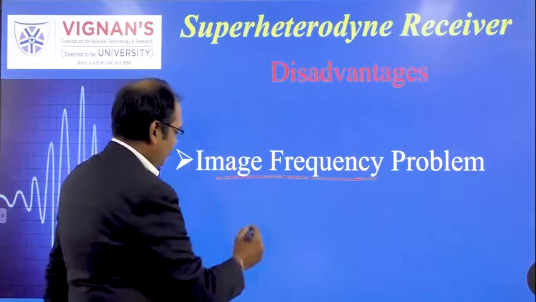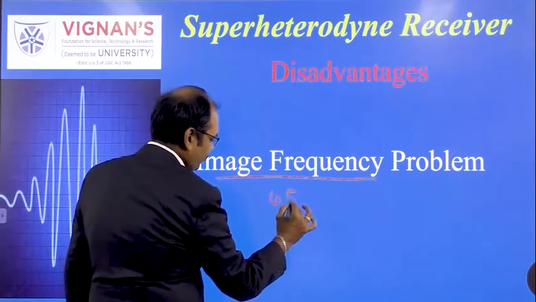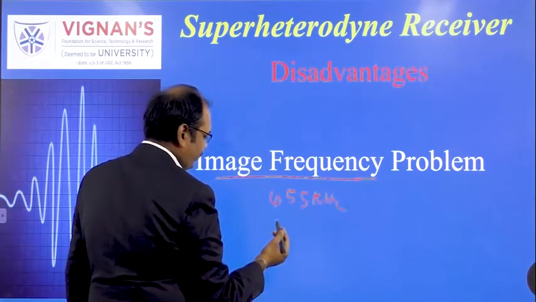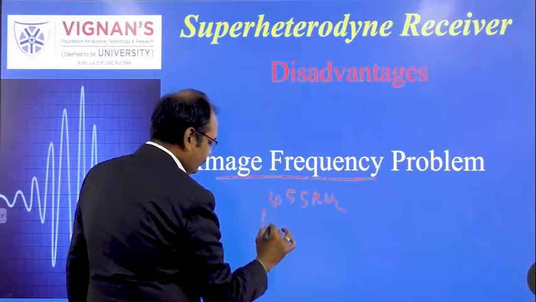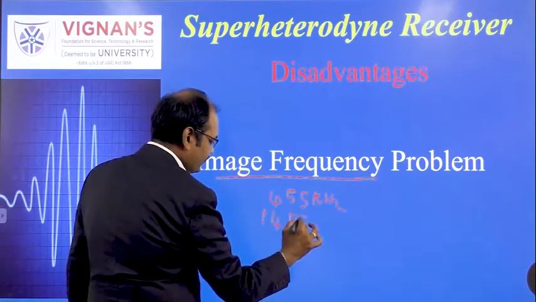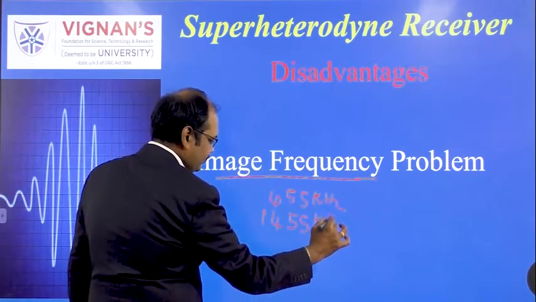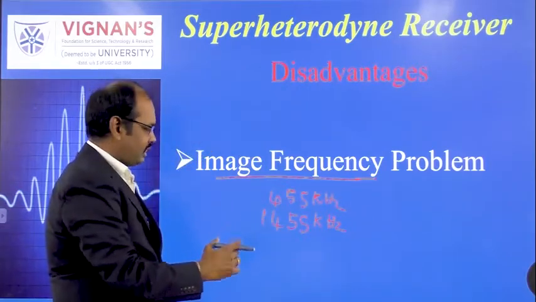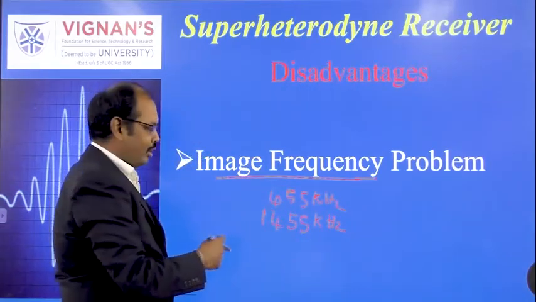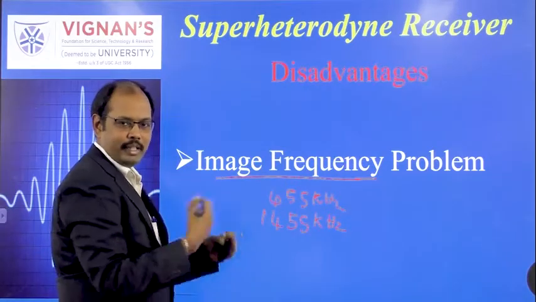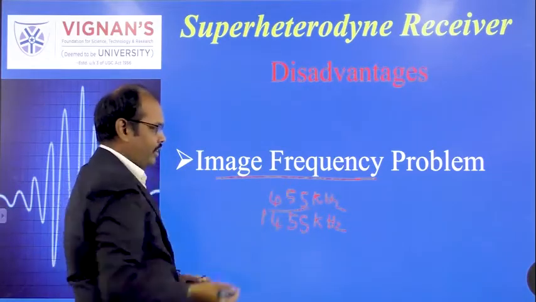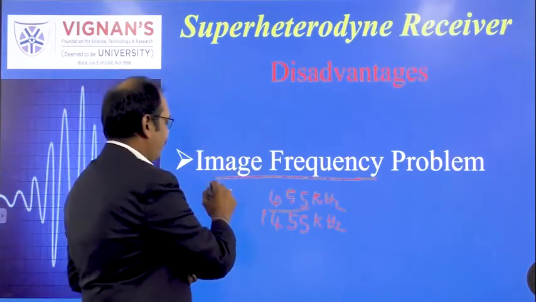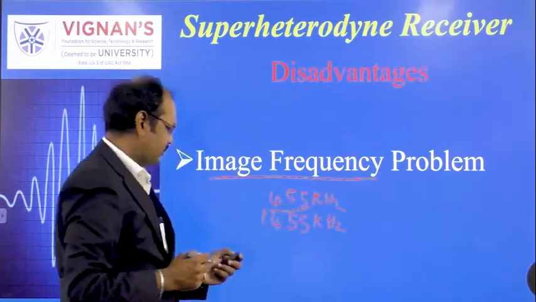For example, if the intermediate frequency is 455 kilohertz, you can also get a frequency of 1455 kilohertz, which is nothing but an image of this particular frequency. So the main problem of the superheterodyne receiver is the image frequency problem.